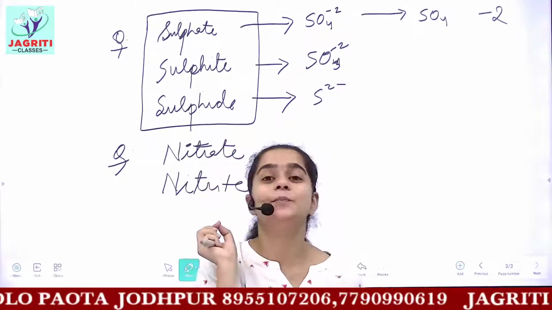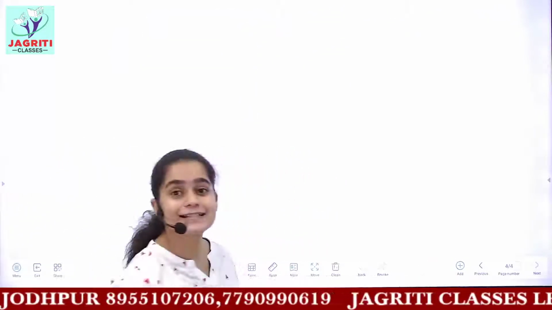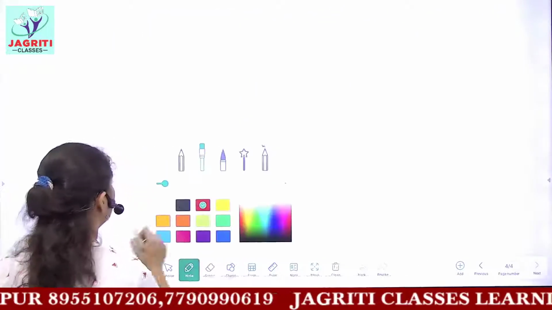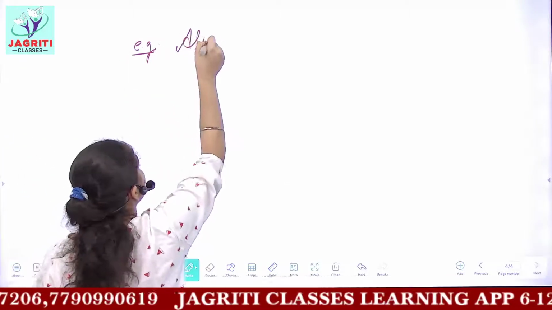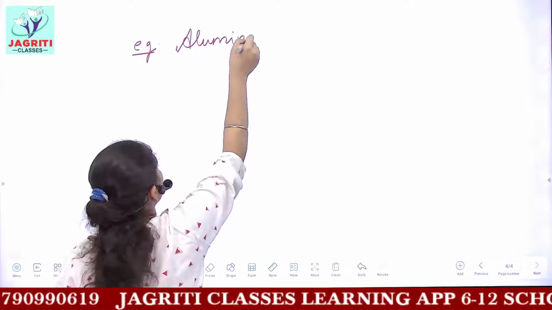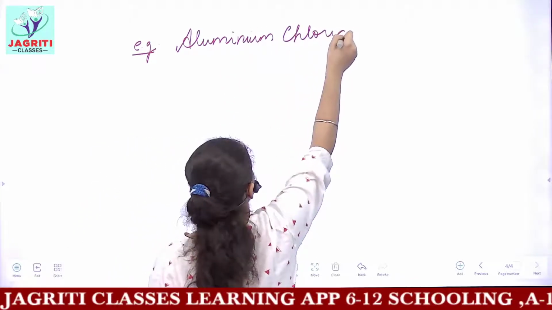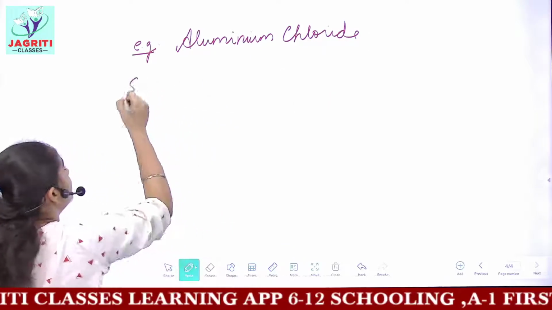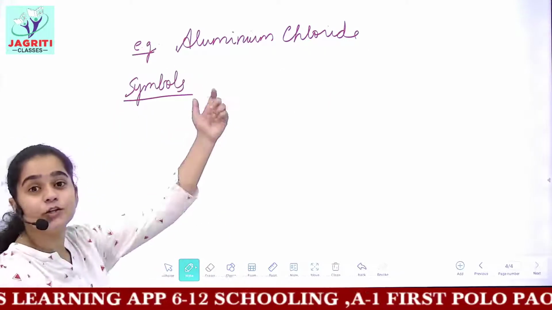These are very important. So now, if you have to make a formula, let's discuss a formula like aluminium chloride. If you are asked in the exam to make the formula of aluminium chloride, how would you do it? Once you learn the table, you will get the symbols of the two elements included in our compound.